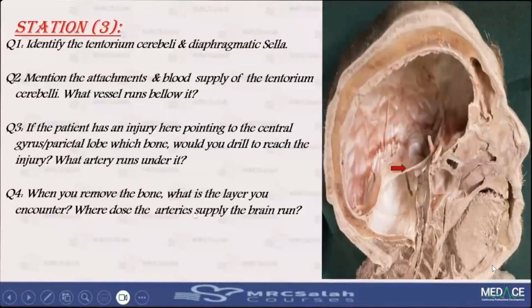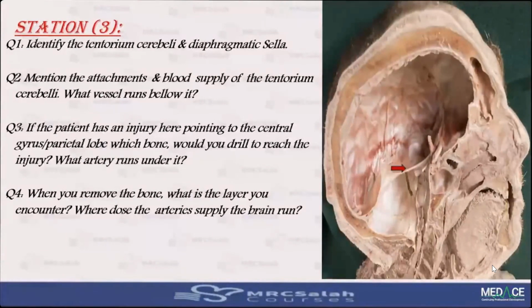Where do the arteries that supply the brain run? Extradural, epidural space. So you have the middle cerebral artery, the circle of Willis in this extradural space. Do you mean that the circle of Willis, which supplies the main blood supply to the brain, runs in the extradural space?